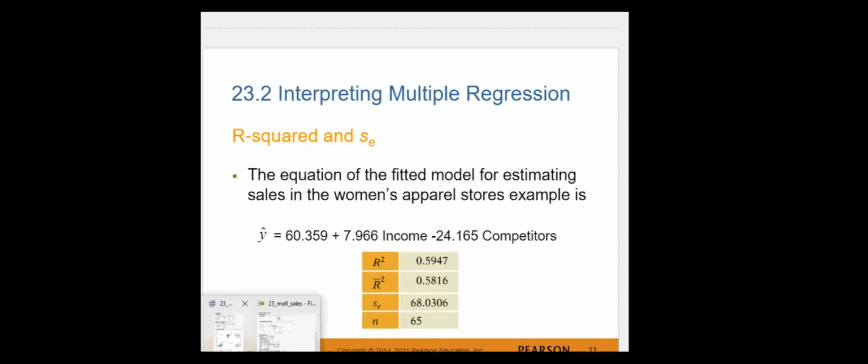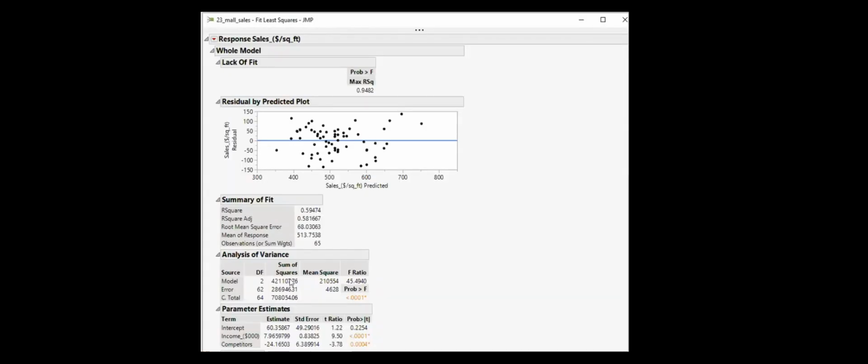Okay, so what else do we have? We also have standard error. Standard error of our model, that's the standard deviation of these residuals, how far they are from the regression line, right? And then we have number of observations, 65.